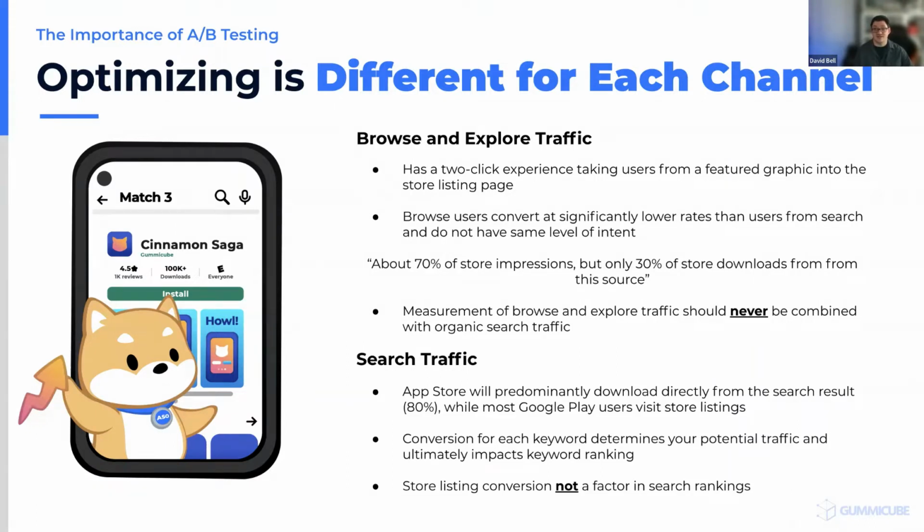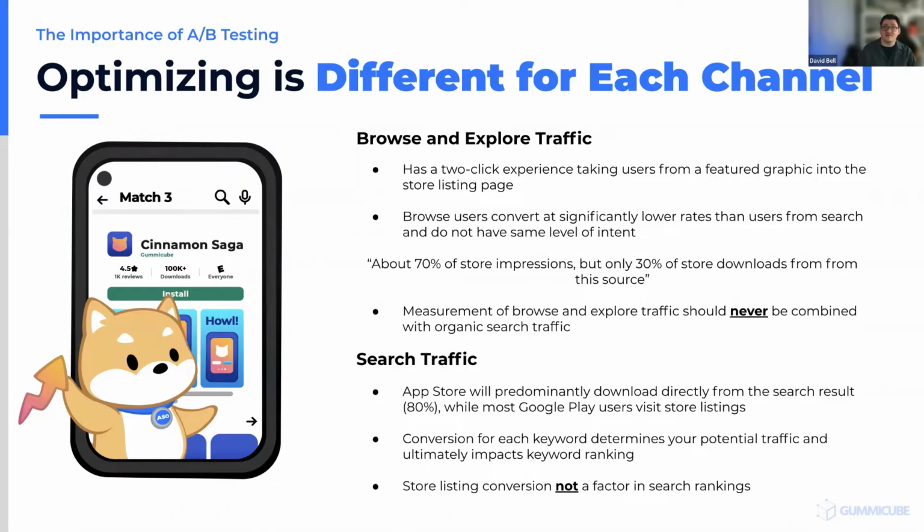They're scrolling the App Store almost like they're scrolling Instagram, and they have the ability to download directly from the search result, particularly in the Apple App Store, which can change the way that users are making decisions about which app to download. Conversion on each keyword is actually what determines your potential traffic, because conversion on each keyword impacts your keyword ranking.